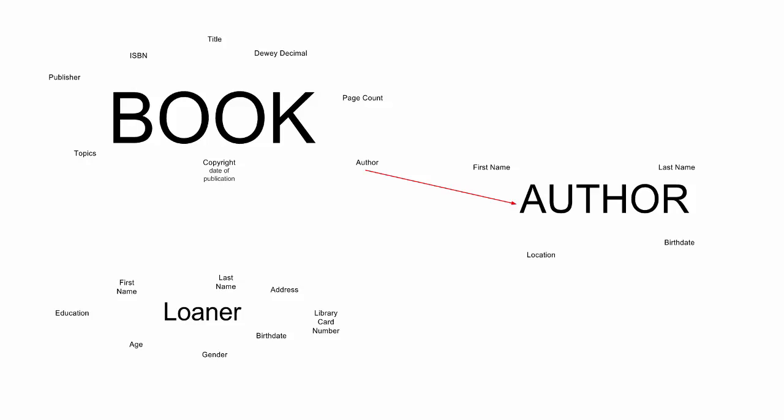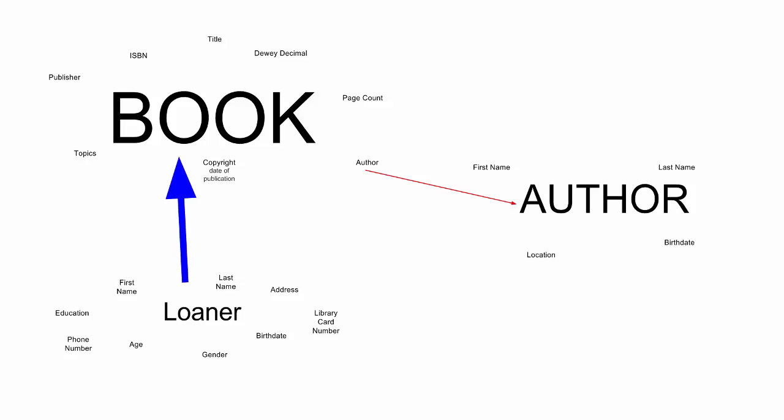But with that loaner now, we can start to build relationships. We can start to say, hey, this loaner checked out a book. This book was checked out by this loaner. And then we start to understand those relationships between this book and the people that are loaning the book.